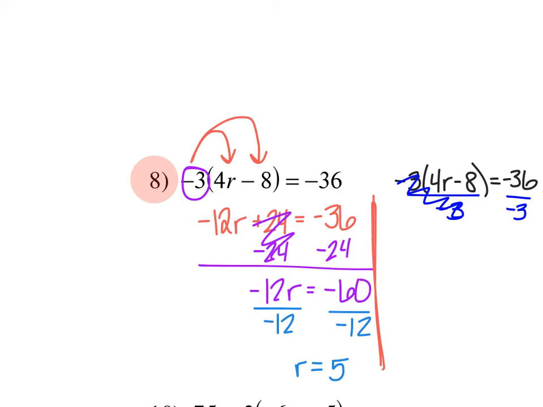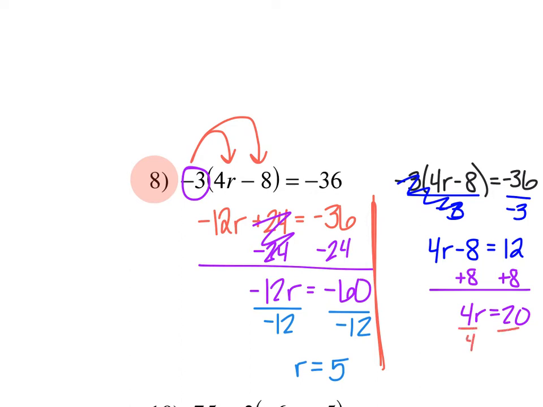But then you have to divide the other side by negative 3, and that gives us 4r minus 8 equals positive 12. Which, again, the numbers are smaller, so that's kind of nice. We would still have the same number of steps. We would add 8 to both sides, and that would give us 4r equals 20. And then you would divide by 4 on both sides, and you'd get r equal to 5.